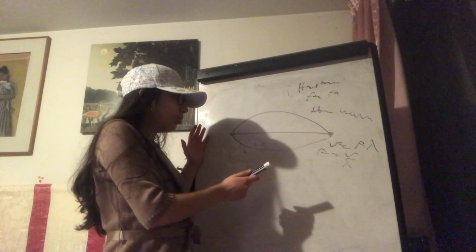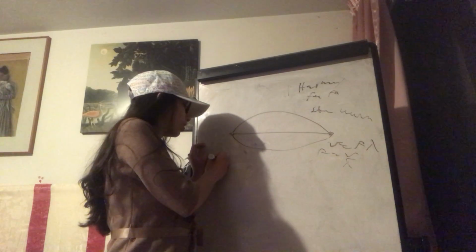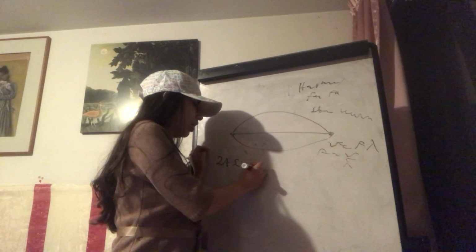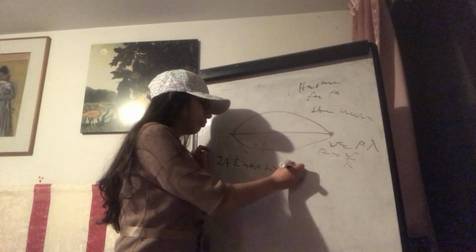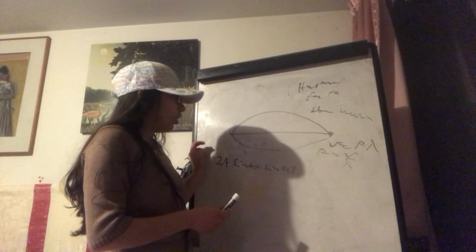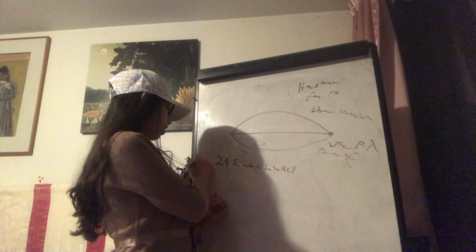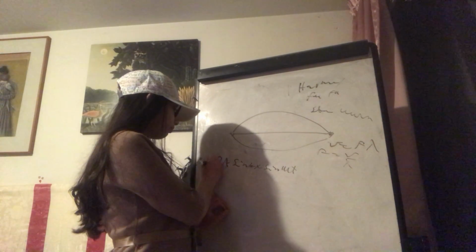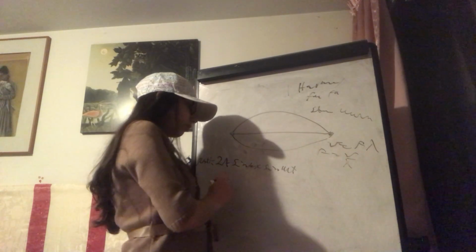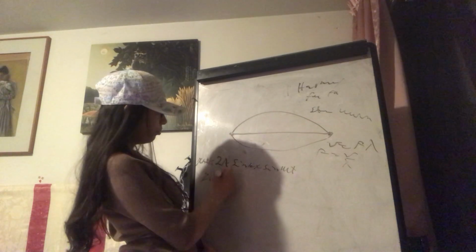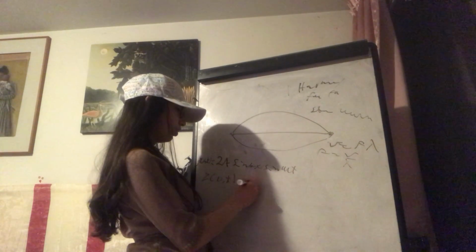Remember the equation of the standing wave is something like 2A sin(kx) sin(ωt). Let me find these two ends. So that means this is y(x,t). That means that y(0,t) is equal to 0.